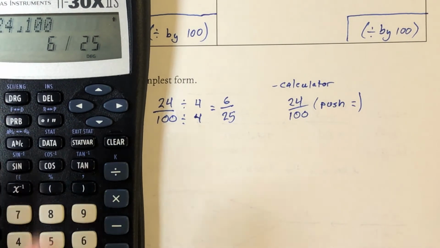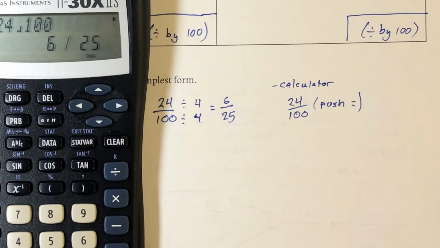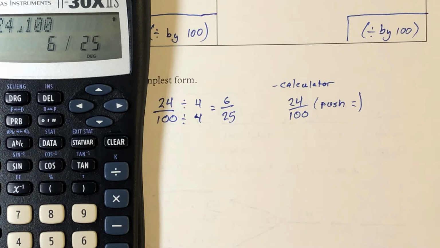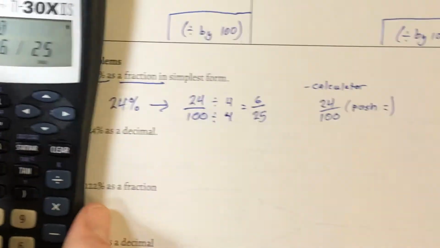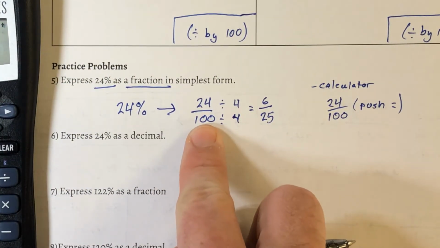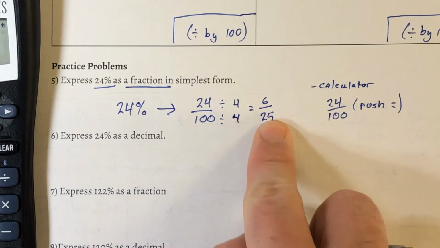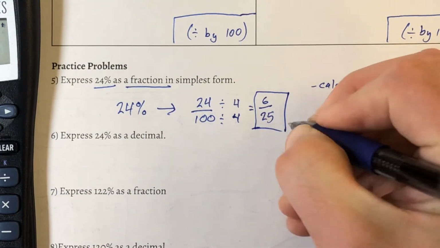Be aware that some numbers calculators don't really like, and it will not work as nice every time. Just be aware of that. Meaning you may have to do something a little bit more by hand. All right, so anyways, I put it over 100, I simplified it, 6/25 is our answer.